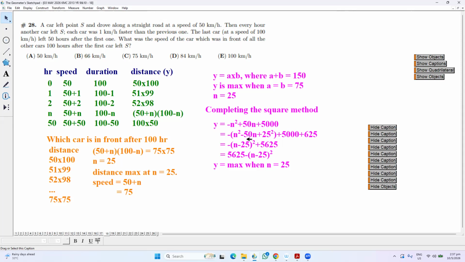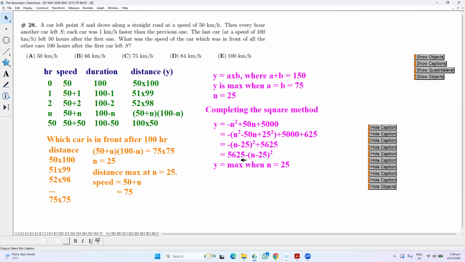Divide by 2, n square. So add 25. But it's minus outside, so you actually subtract. So the value is decreased. So we increase back the value 625. 25 square is 625. So 5625 minus n minus 25 square, a perfect square.